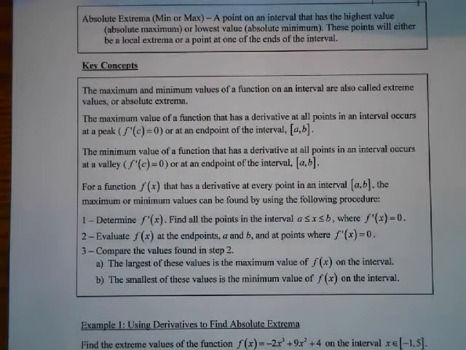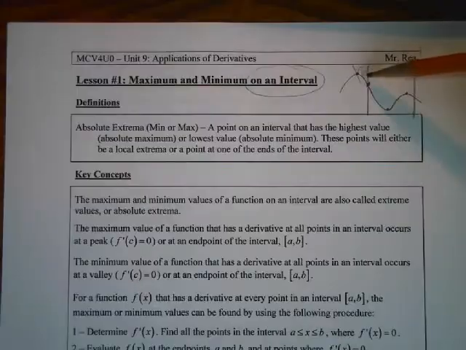Max or min values of a function on an interval are also called extreme values or absolute extrema. Absolute means the highest of the highs. It doesn't have to be a critical point. It could be an endpoint of the interval, like we saw up here.